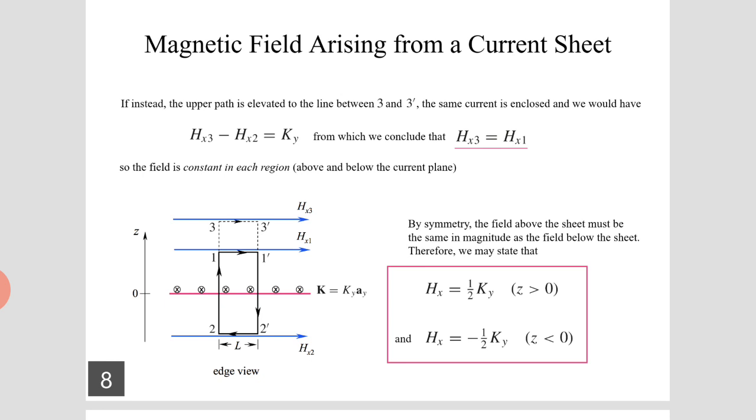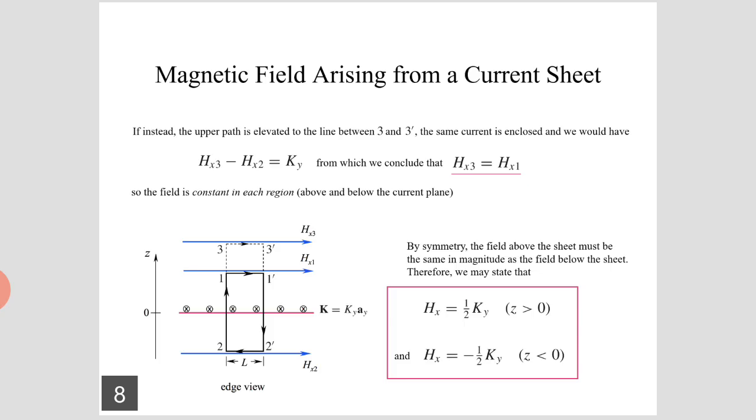Therefore we may state that Hx is equal to half of Ky if z is greater than 0, and Hx is equal to minus half of Ky if z is less than 0. So that is the magnetic field along the x direction, right?